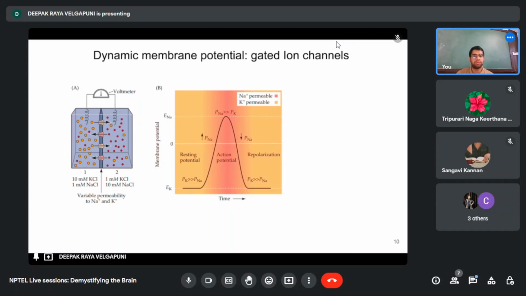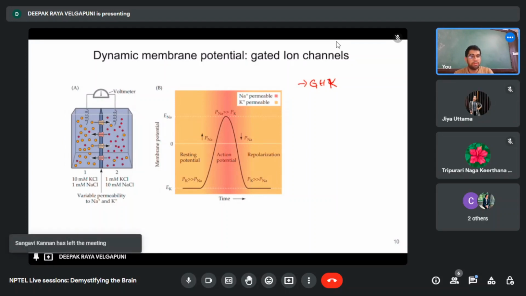It's like, as the professor told, like a knob. So these ion channels are like a knob, and by changing the permeability for different ions, you can actually play with the equilibrium potential. This is also evident from the GHK equation: you change the permeability and the resting membrane potential also changes.